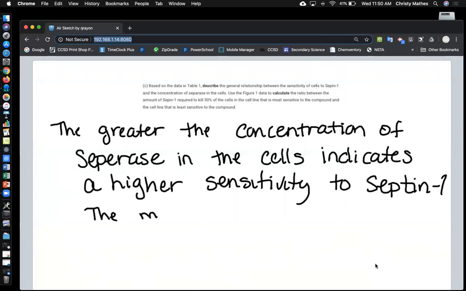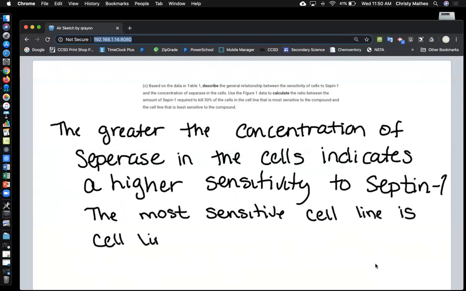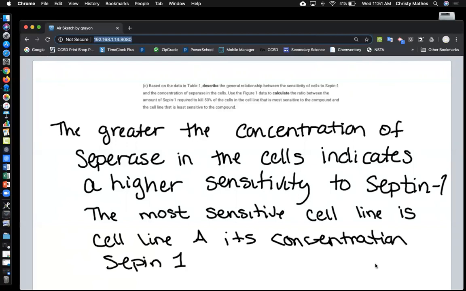So the most sensitive cell line is cell line A, and its ideal concentration of SEPin1 is about 10 microliters.